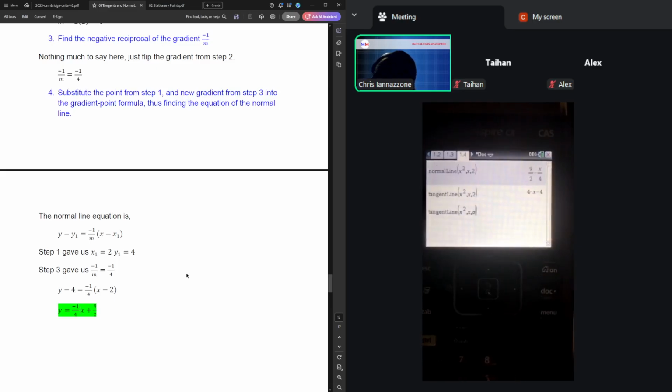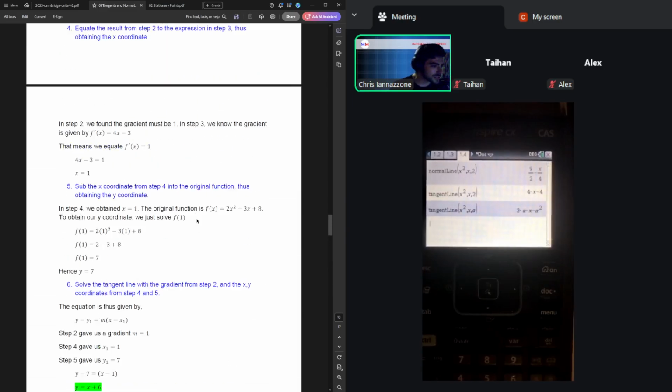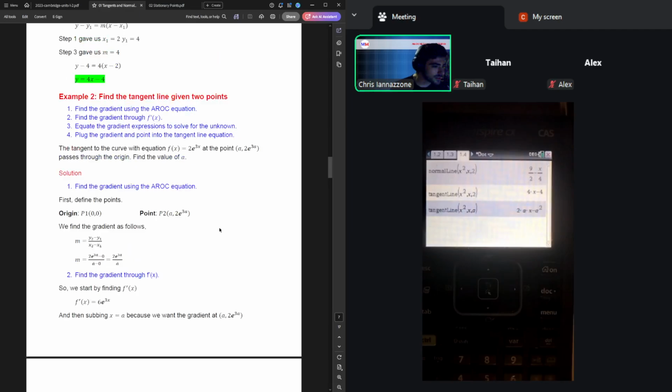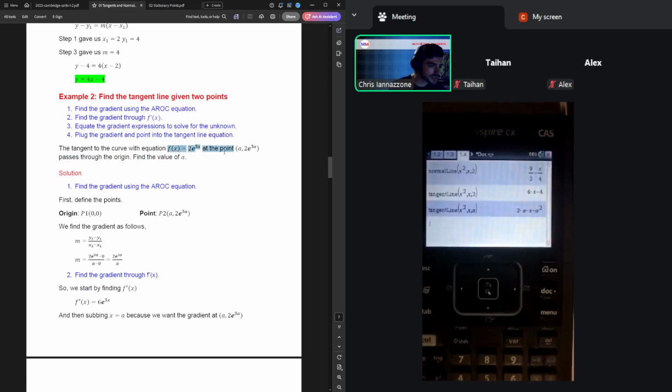A fun thing that can help as well: you don't need to put an actual x value, like a number, in there. You can put a variable, or rather a constant is probably more appropriate, and this ends up being decently helpful for extended response questions. We even saw an example like this already, where we had the point a, x equals a, in our example 2 on the screen share if you have a look. Basically you could get the generic tangent line for this example.